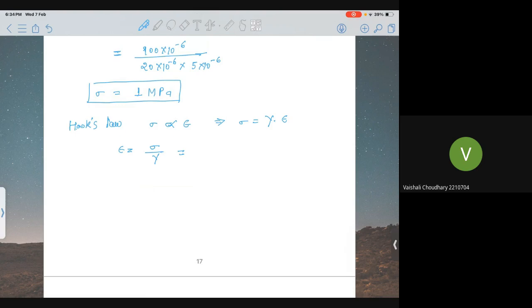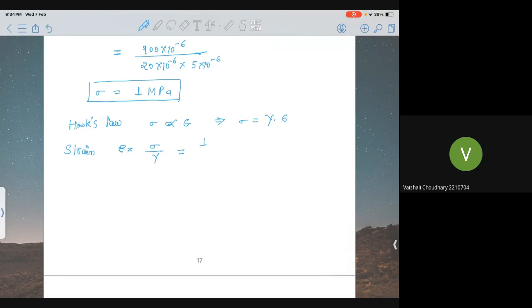Okay, so sigma is 1 megapascal, Young's modulus is 130 gigapascal.